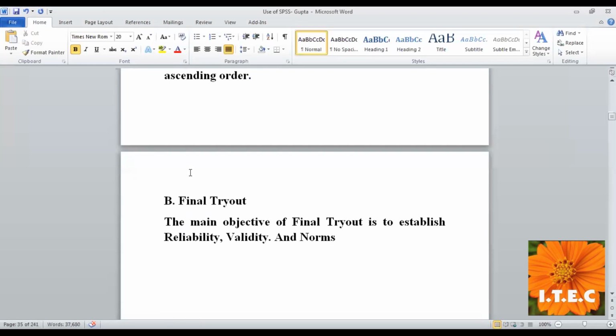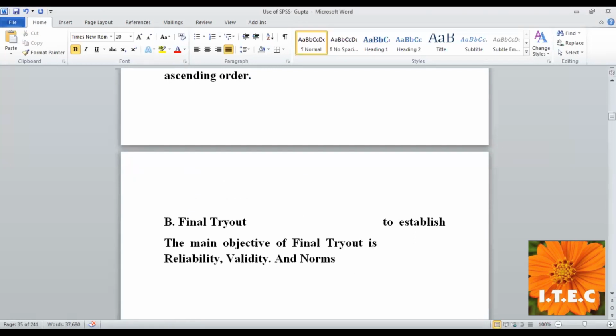Now you know that out of 400, 108 people will be in the upper 27% and 108 people in the lower 27%.